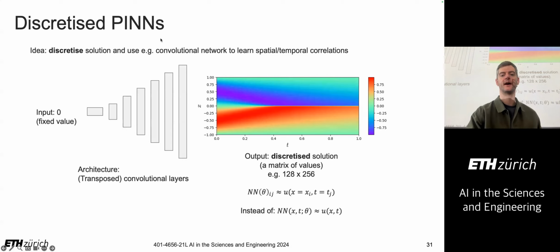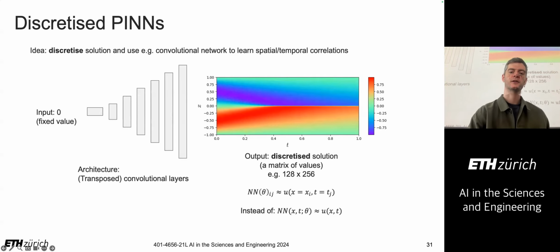The idea here now is to say, instead of having a fully connected network that is giving us a functional approximation to the solution that we can query at any point in the domain, we're going to go back to just trying to predict the solution on a mesh of points. So we're going to have some neural network, and the output of the network is going to be a discretized solution. So a matrix of values, like, for example, if we want to solve the Burgers equation here, it would be 128 by 256 points.